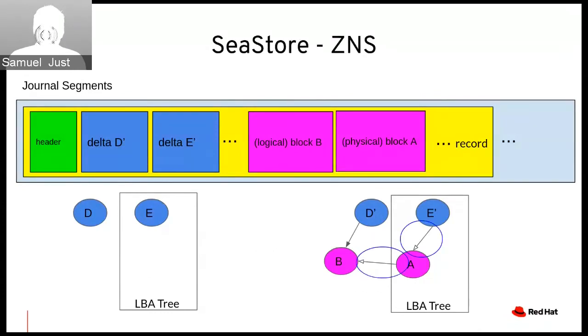This is important for ZNS because we are able to logically mutate extents without actually mutating them. We don't need to actually rewrite D and E or go back to where they are on disk and rewrite them. We can just write down a record explaining how the extent should be modified.